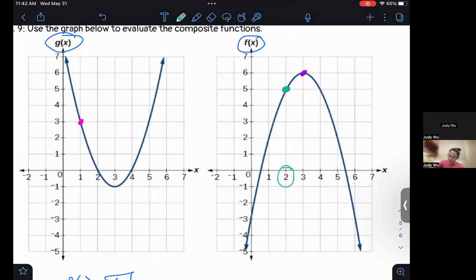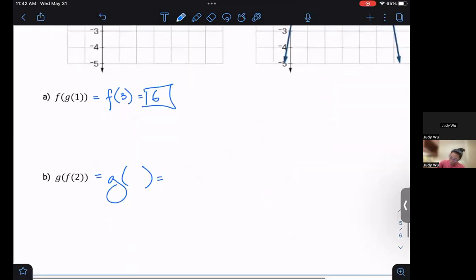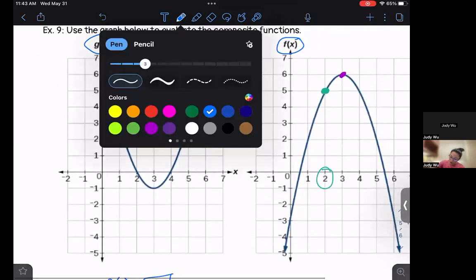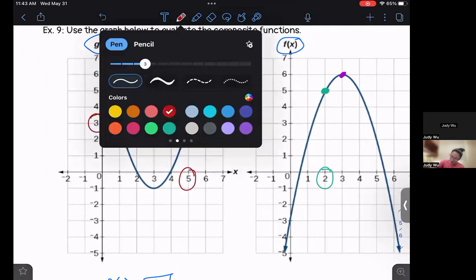And so that means f of 2 is 5. So we're really looking for g of 5. Let's come to our g graph and see if we can find g of 5. So here's my 5, and the output is 3.